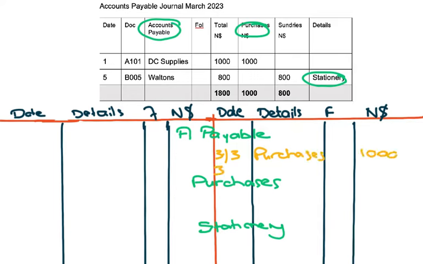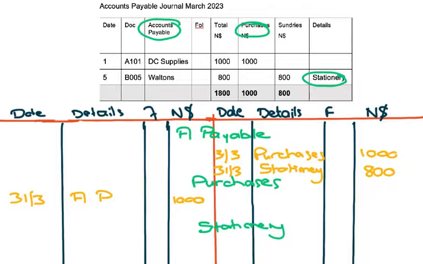My second one will be stationery, and it will be 800. Now let's look at the purchases account. Remember, purchases is what you buy in order to resell. It increases on the debit side. So I have my 1,000 on the debit side. My contra account is accounts payable, and my date is the last day.